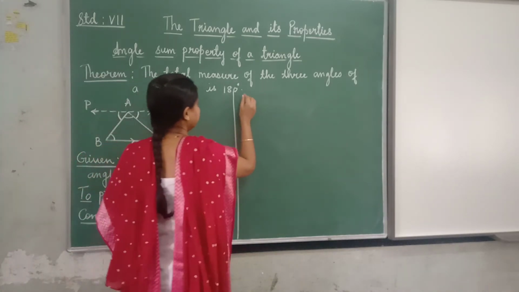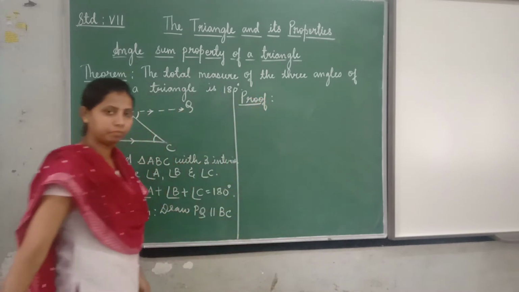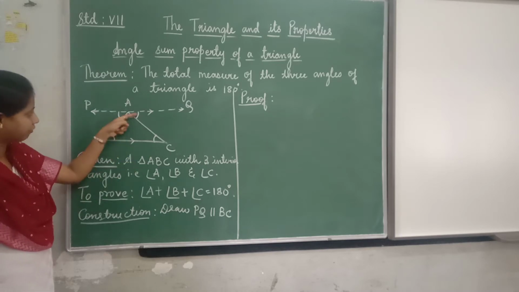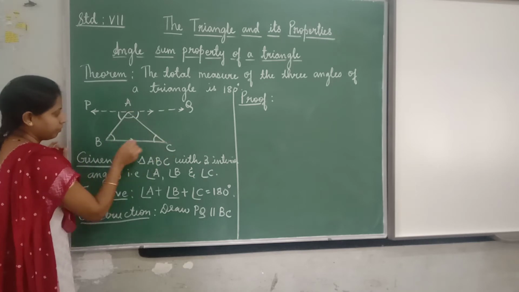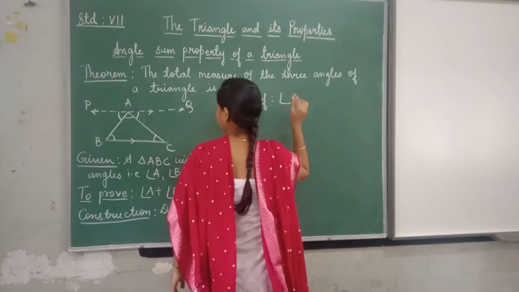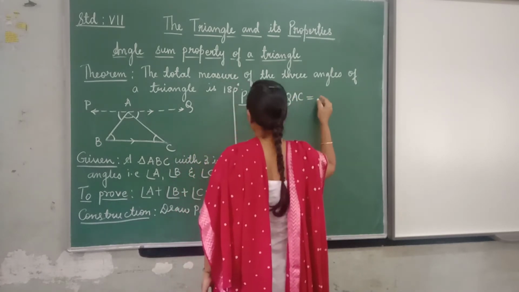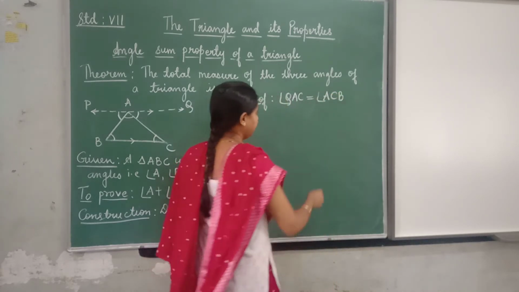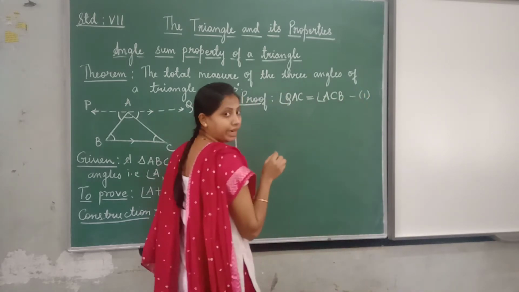So let's write the proof of the theorem. Proof. Firstly, we have drawn the parallel lines. Therefore, alternate angles are equal here. In the Z shape, these two alternate angles will be equal. So write angle QAC will be equal to angle ACB. Write this as equation 1. And you have to write the reason also, children.